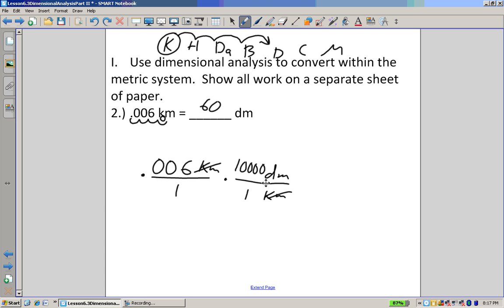So this is my work. If I were to multiply 6,000ths times 10,000, I would get 60. 1 times 1 would be 1, and of course I would have decimeters. So really, I would do the easy way, get an answer, and then come back and show the dimensional analysis for these metric system problems.